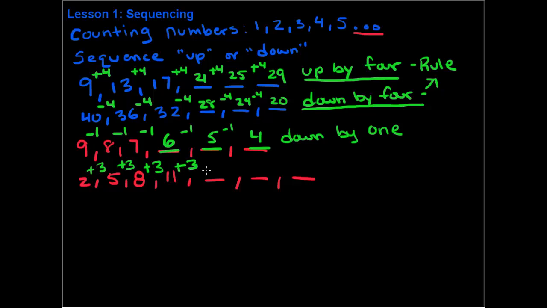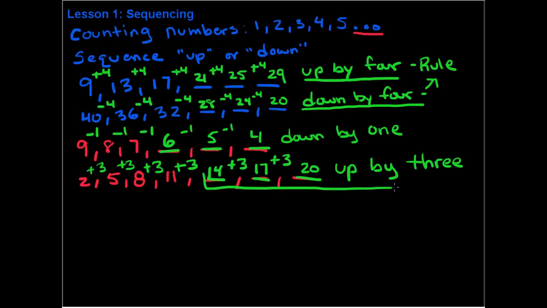So let's continue on. 11 plus 3 is 14. 14 plus 3 is 17. 17 plus 3 is 20. So in this rule, it's up by 3. And my missing numbers were 14, 17, and 20. So again, this whole thing would be my answer: 14, 17, 20, up by 3.